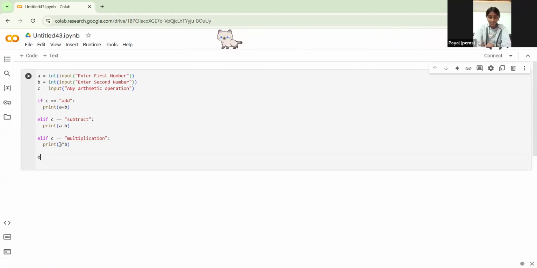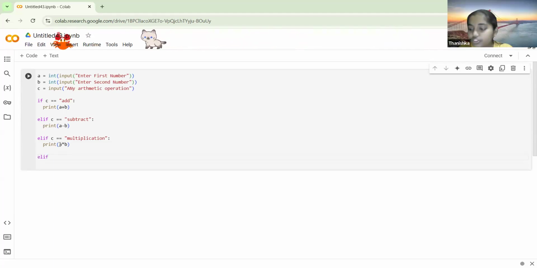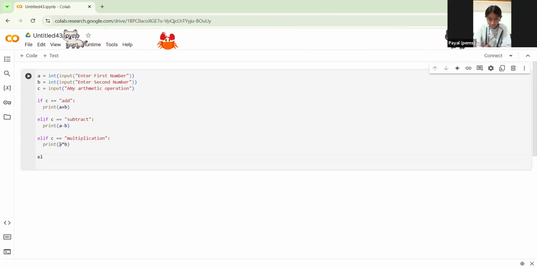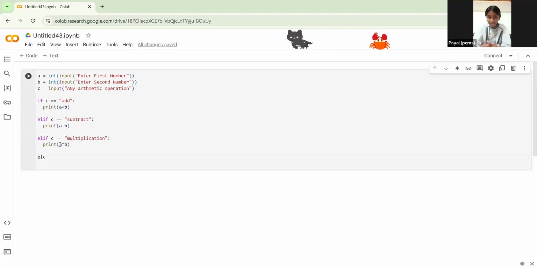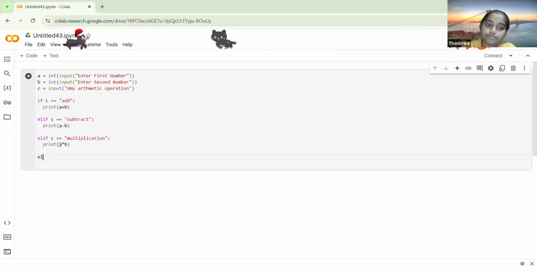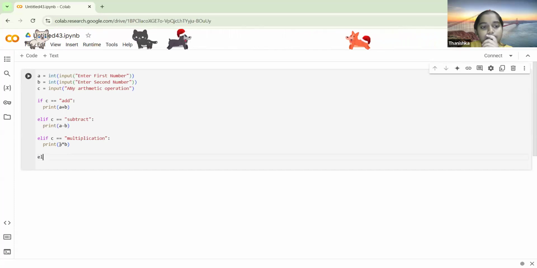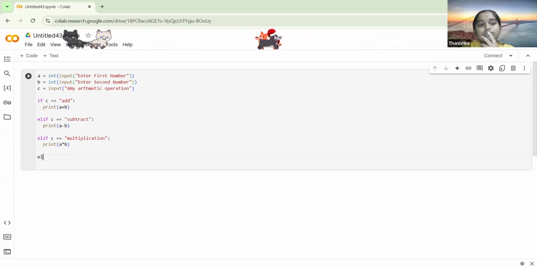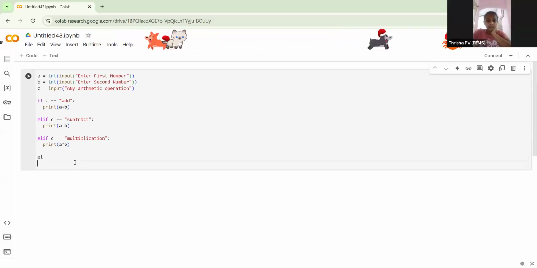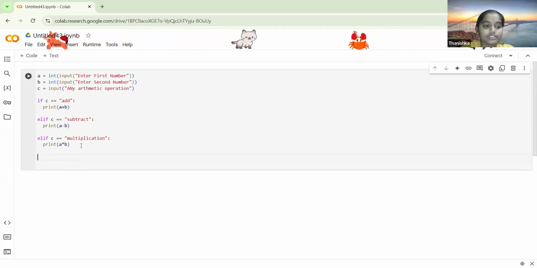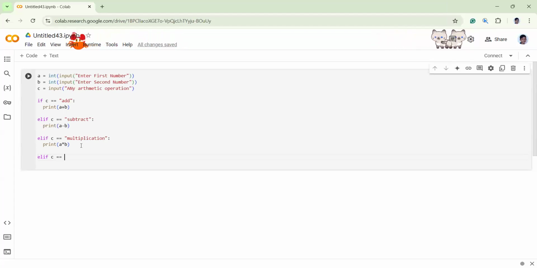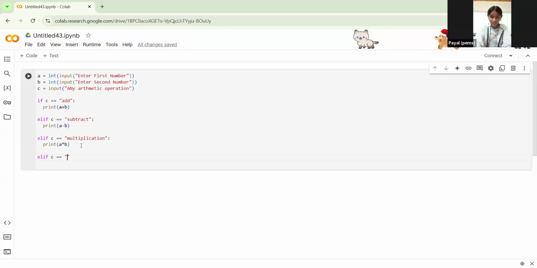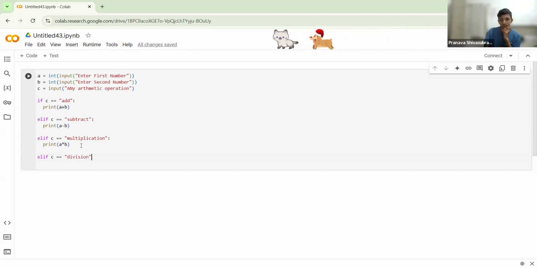Elif, completely elif, then C, then double equals, quotations, and then division, as we are doing division. Then quotations close and colon.